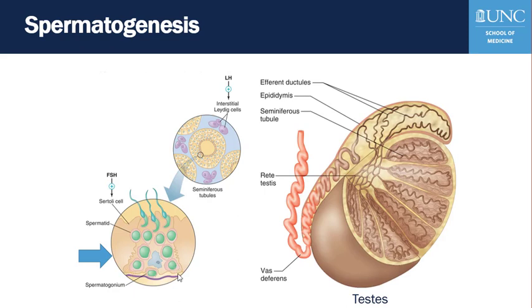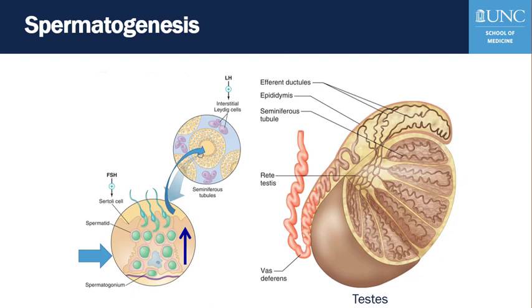Spermatogenesis involves mitotic divisions of spermatogonium and meiotic divisions of precursor cell types, and finally, maturation to sperm. So the most immature cell types are here by the basement membrane, and the most mature sperm are here lining the seminiferous tubule. And so Sertoli cells, where this process happens, are sometimes called nurse cells because they provide this supportive function to spermatogenesis. So spermatogenesis is happening all along the length of the seminiferous tubule, and it happens continuously from puberty onward.